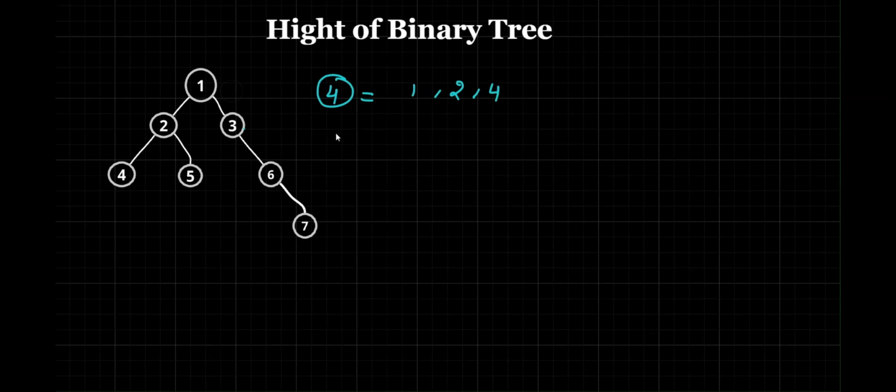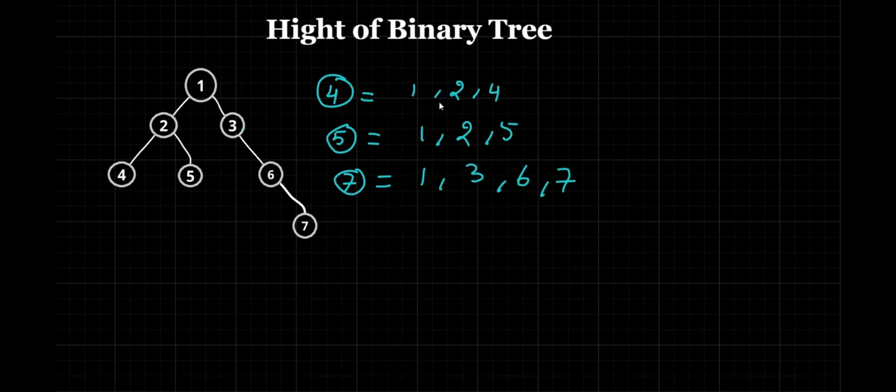Similarly for leaf node 5, we reach it via 1, 2 and 5. Similarly for 7: 1, 3, 6 and 7. So to reach 4, we have to traverse all these nodes; only then will we reach 4. Similarly for 5 and 7.